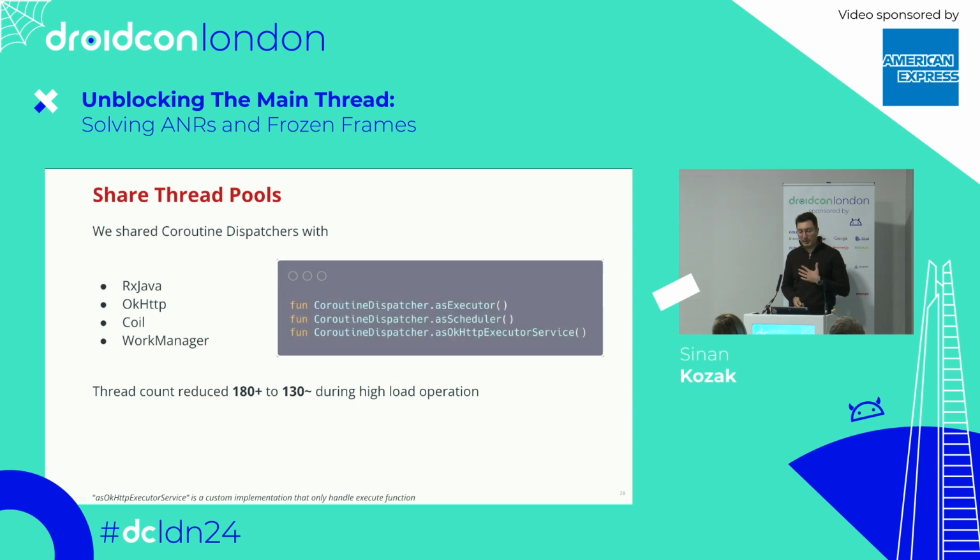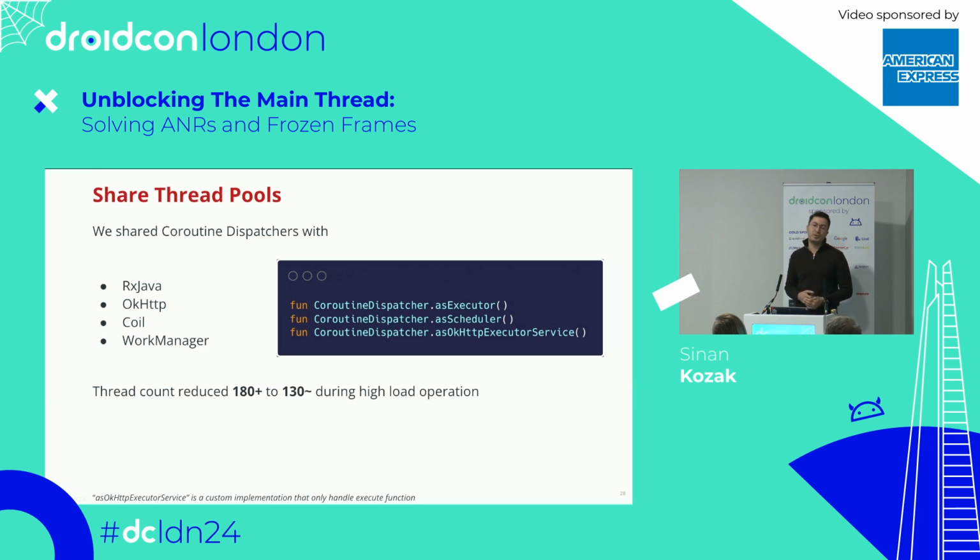And in our application, since we don't have much control over the coroutine dispatchers, we take the coroutine dispatcher and convert it to thread executors. We convert them to schedulers, and we convert them to executor services to give to different places.